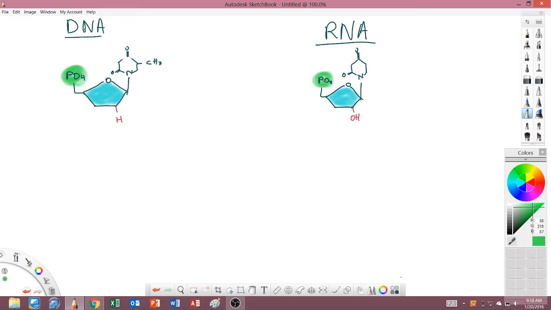When it comes to DNA and RNA, the sugar in RNA is ribose, and in DNA it's deoxyribose. Everything else in that sugar is the same. For all four DNA nucleotides, the sugar is identical.